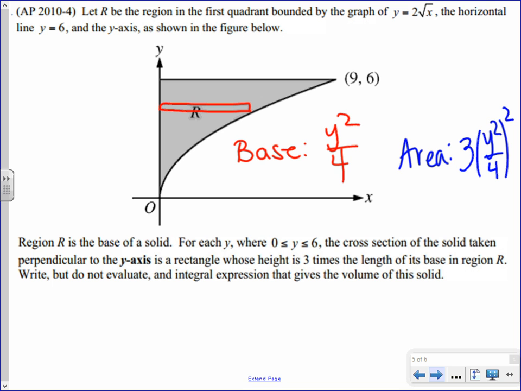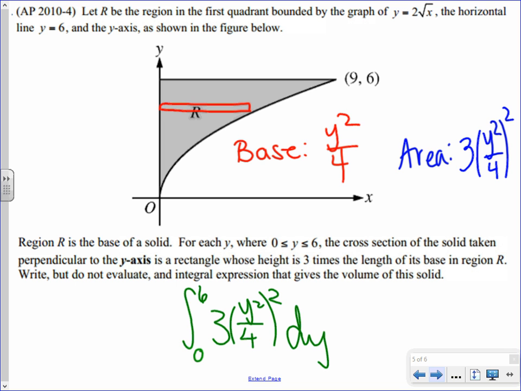So pod 1, your integral. Okay, and then the area. There it is. Make sure your limits are 0 to 6. We have to take the y values because we're integrating with respect to y.